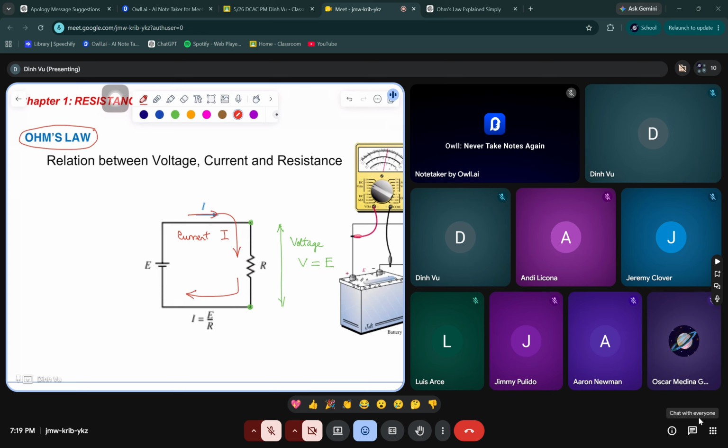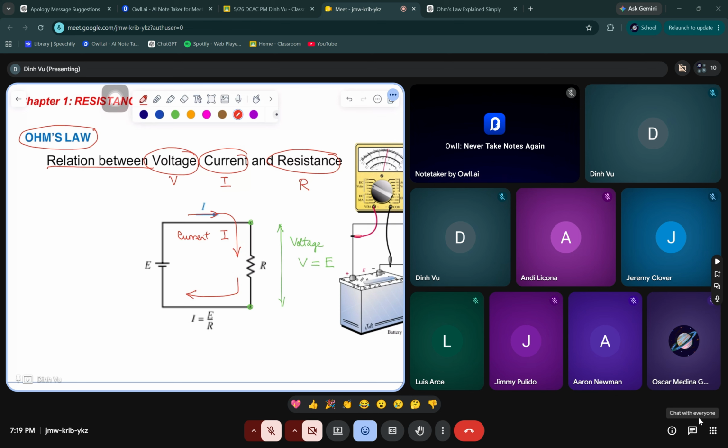Ohm's law defines the relation between the voltage V, the current I, and the resistance R on this resistor. The relation between voltage, current, resistance. This is Ohm's law.